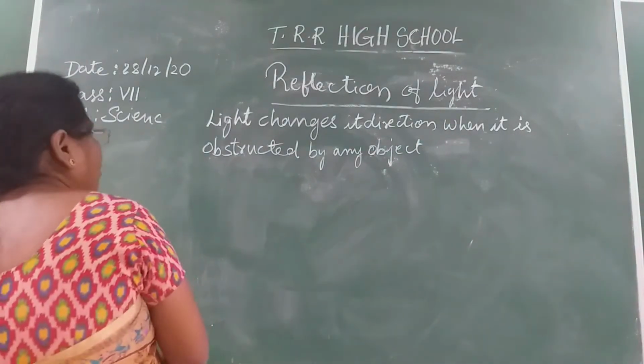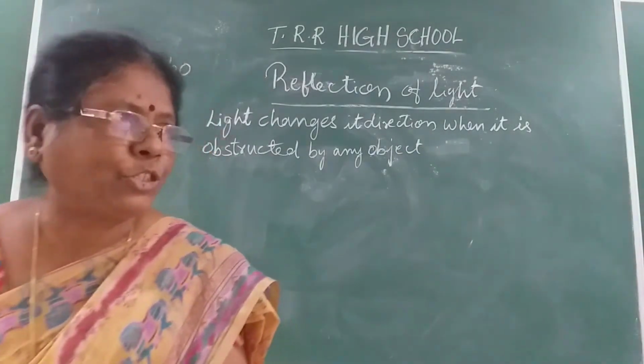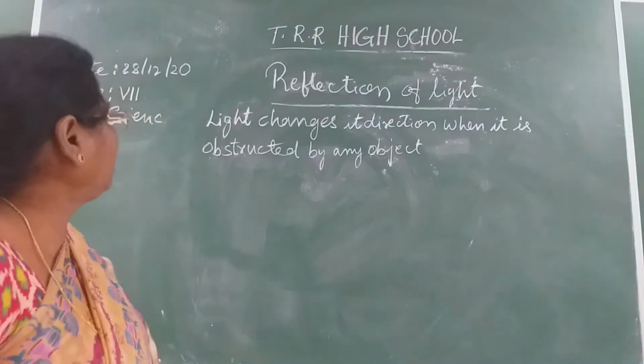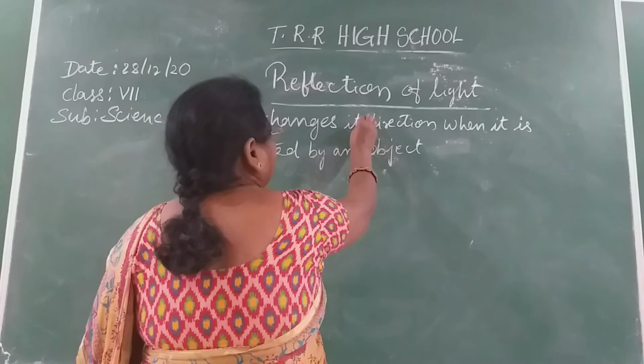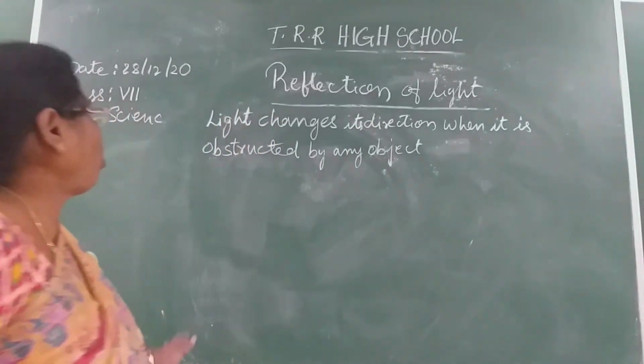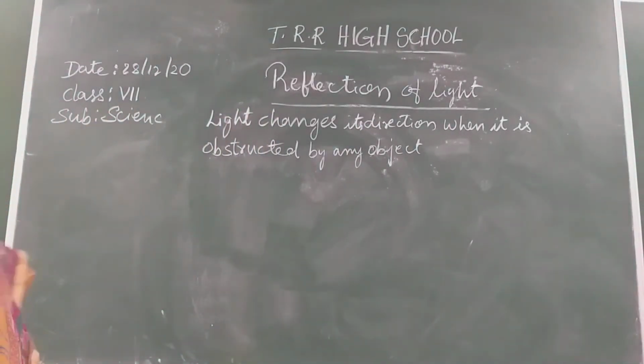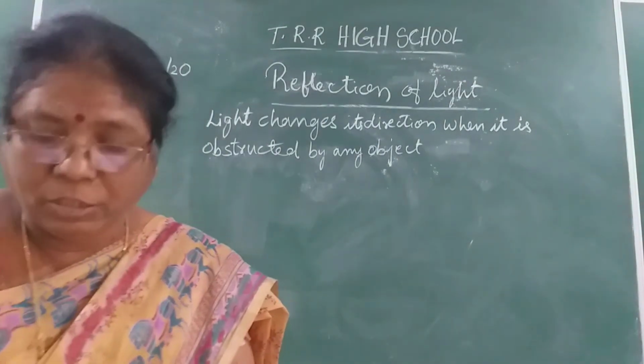Isn't it? This phenomenon is called reflection. Light changes its direction when it is obstructed by any object. Isn't it? Is called a reflection.